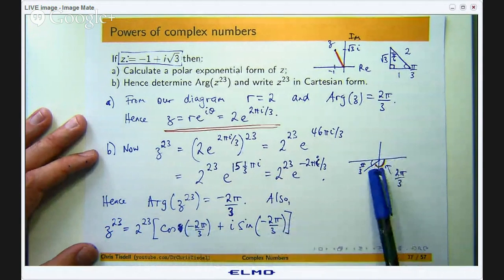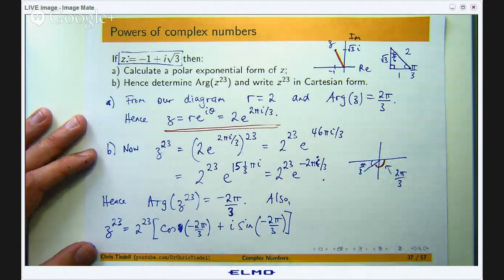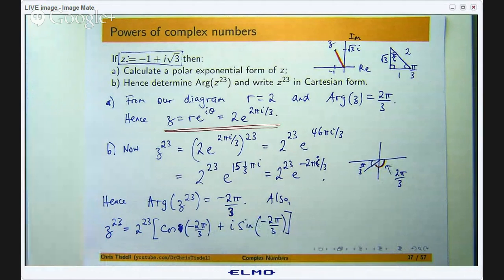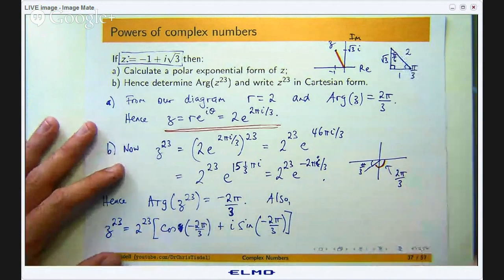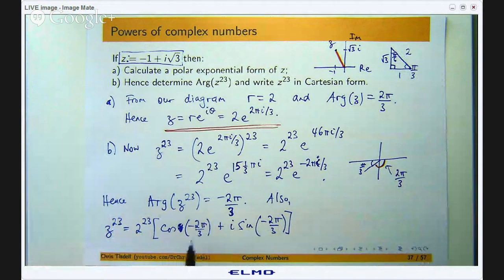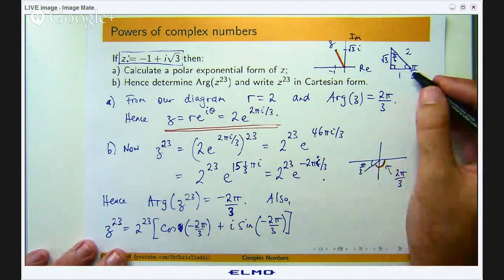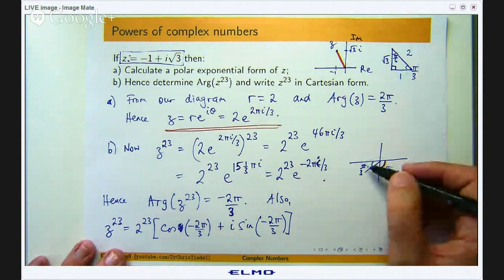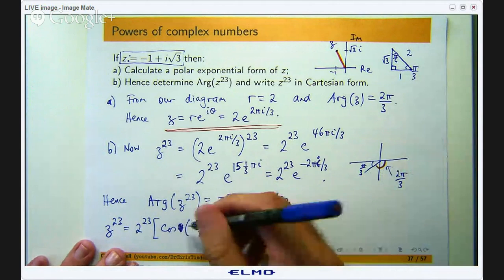Well, if we're in this quadrant down here, we know that both cosine and sine are negative in that quadrant. So both of these will be negative. And if I want to, I can just look at this triangle again and work with this pi on 3. Cosine of pi on 3 will be 1/2, but because it's in this quadrant, it'll be negative, and it'll be the same as cosine of negative 2 pi on 3.